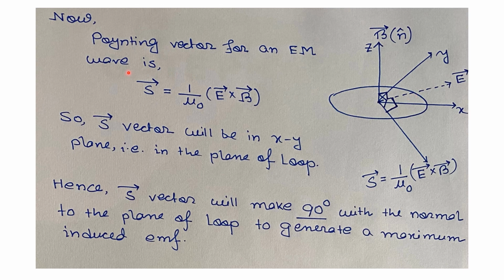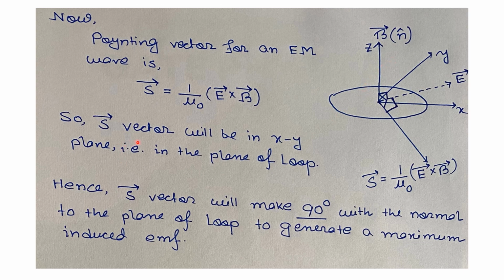Now the Poynting vector for an EM wave is given by S vector equals 1 by mu naught times E cross B. Now if we consider the magnetic field vector is along the n cap direction and our electric field vector is in the xy plane, then E cross B will also be in the xy plane, and that will be the same case if our magnetic field vector is antiparallel to the n cap direction.